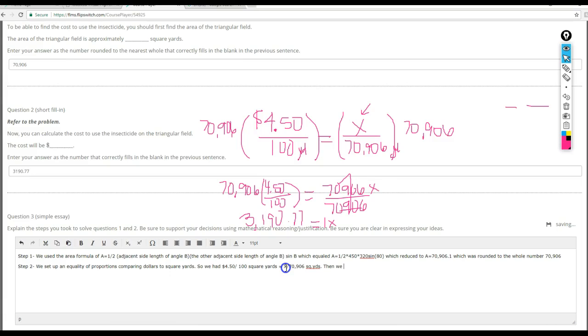Then we used the multiplication property of equality to have 70,906 times 4.50 divided by 100 equal to 70,906x divided by 70,906.